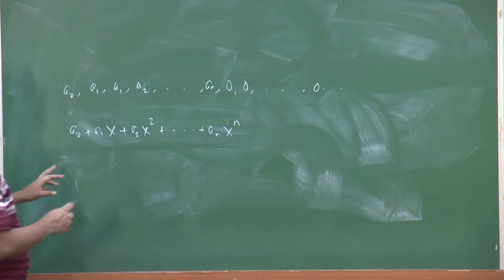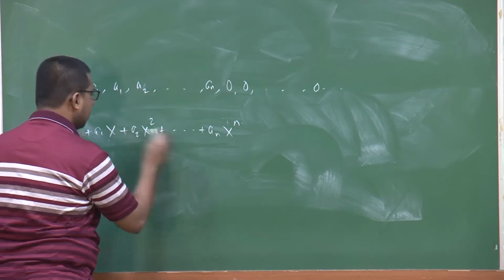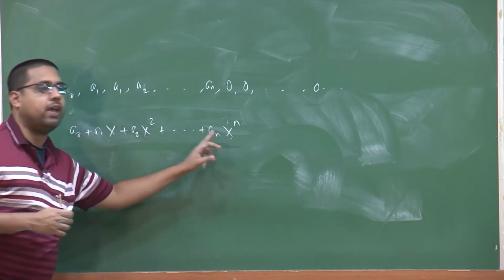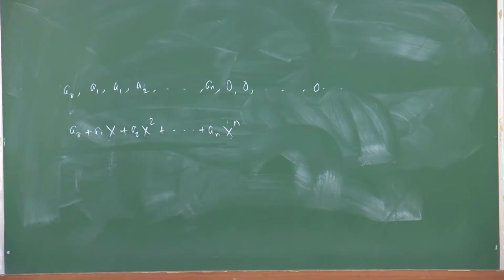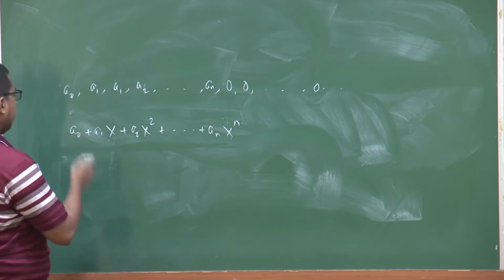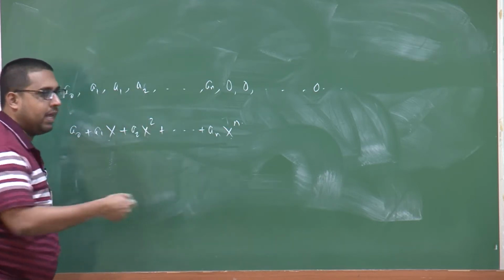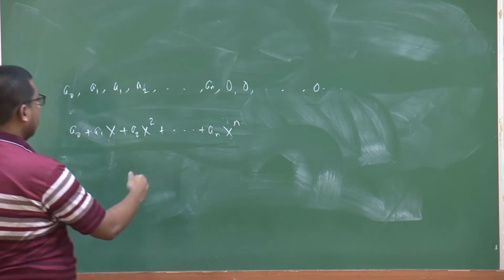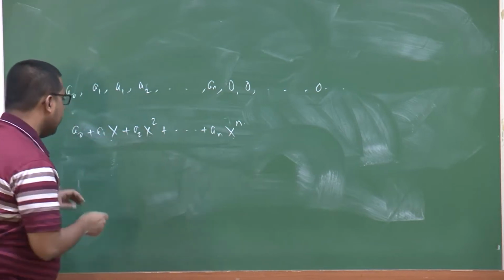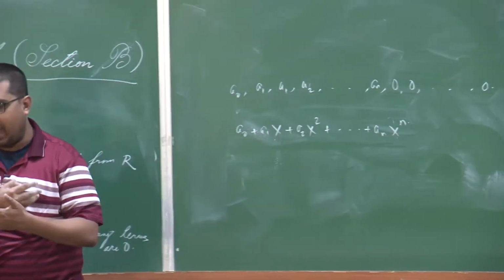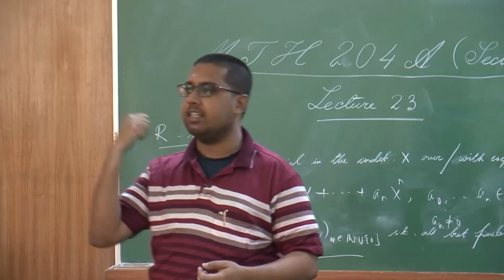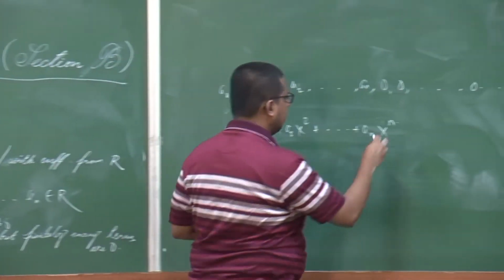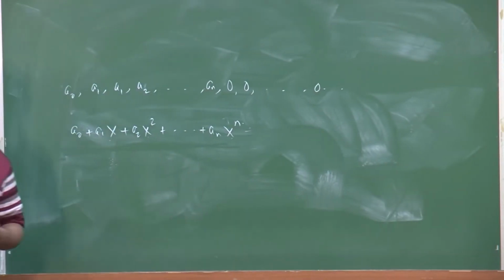Because you see that x, to begin with, is not playing any role. The only role that the powers of x are playing is that they dictate which ai should sit at which place, right. So basically what we are doing is we have a collection of places, and there we are assigning to every place some element from the ring, and also it has to be that beyond a point everything should be 0.